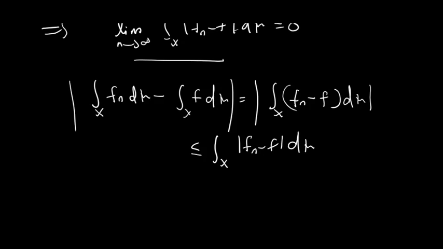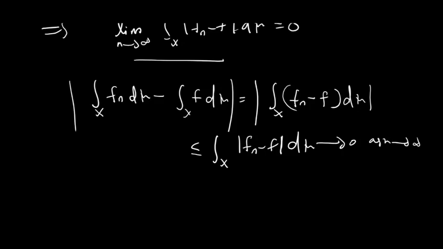Why? Because we have already proved this inequality in Theorem 1.33. So we can write this as the integral over X, which is less than or equal to the integral over X of |f_n minus f| dμ, and this converges to 0 as n tends to infinity.